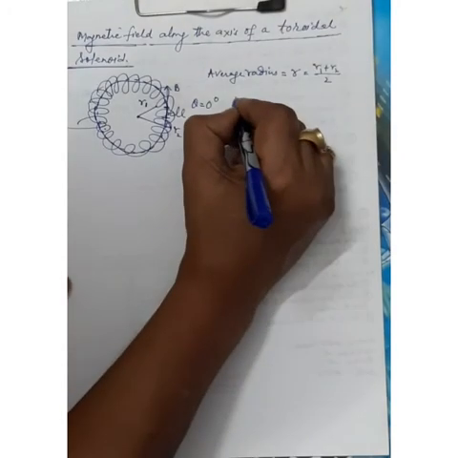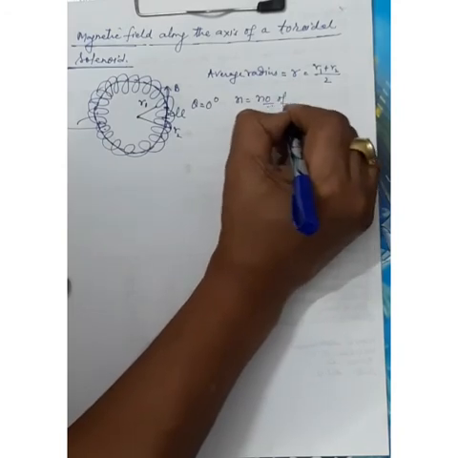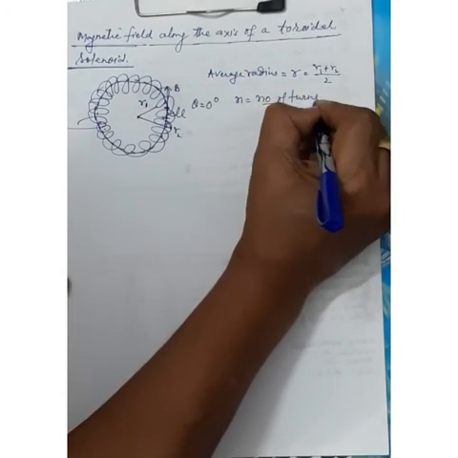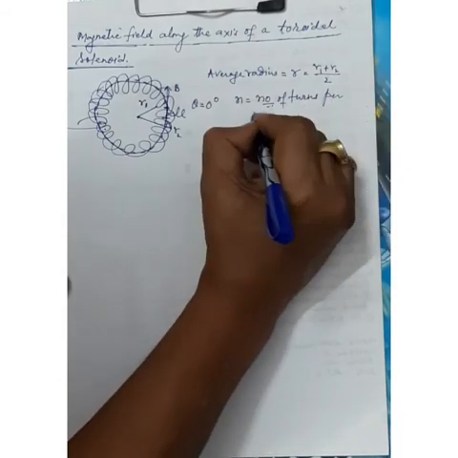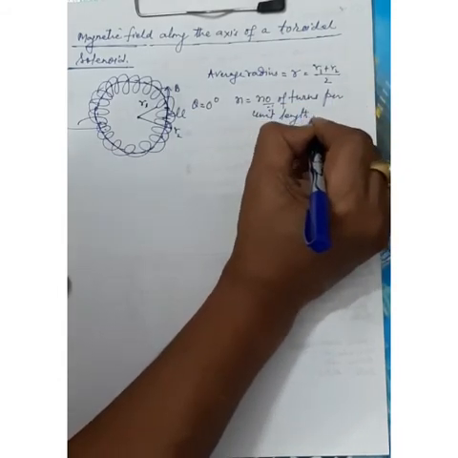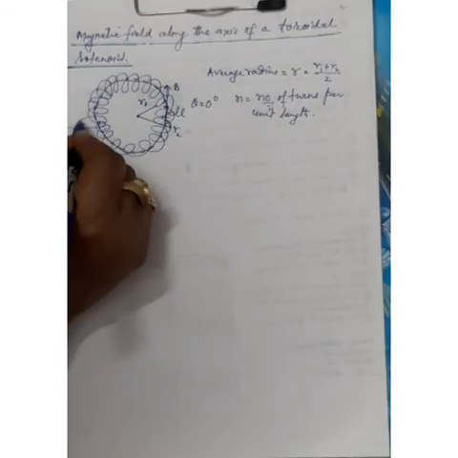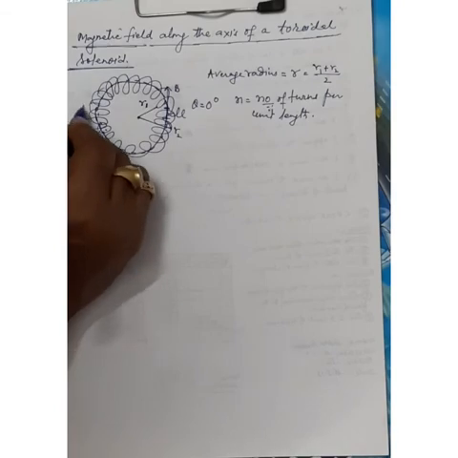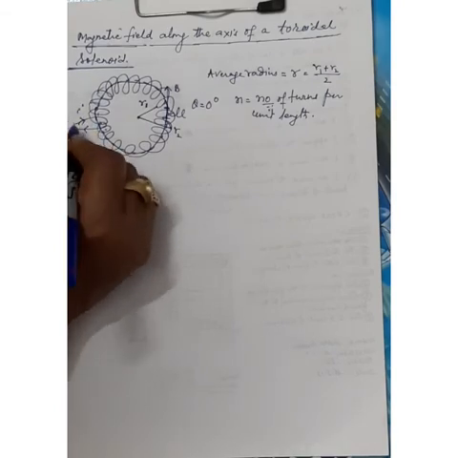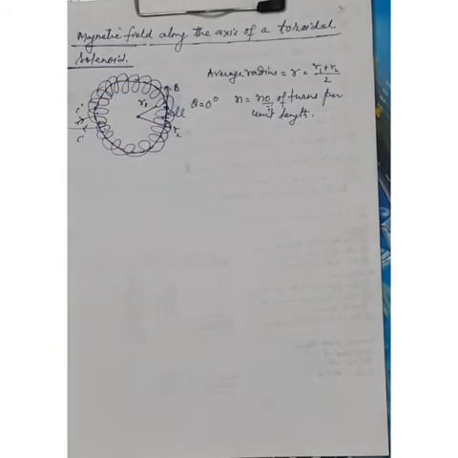Again in this case, if n is the number of turns per unit length, and if I is the current, the current goes inside, moves through all the turns and comes out.